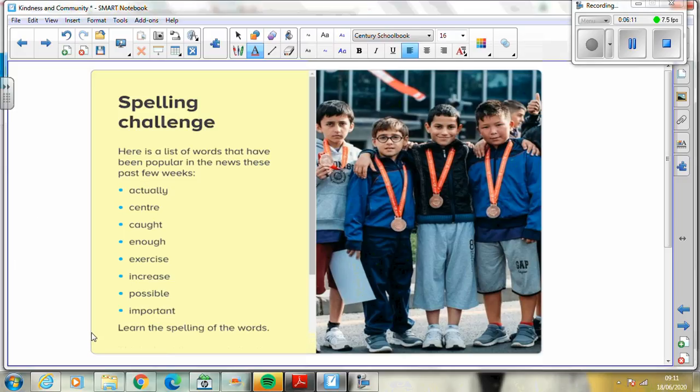So I'd like you please to learn the spelling of these words. You can practice writing them in your journal. You can practice writing them several times. You could write each word 3 times and practice your joined up handwriting. If you really wanted to challenge yourself, you could write sentences with these words in as well.